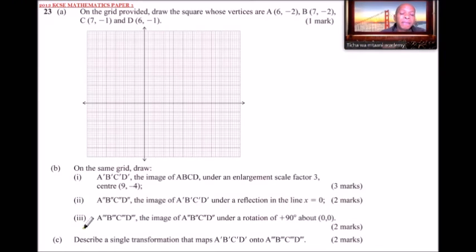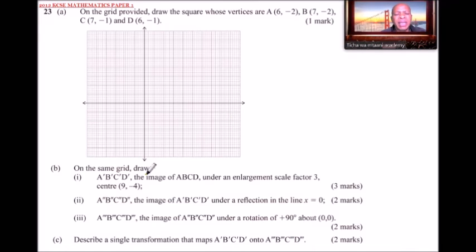Roman number 3, A'''B'''C'''D''', the image of A''B''C''D'' under a rotation of positive 90 degrees about (0, 0). And C, describe a single transformation that maps A'B'C'D' onto A'''B'''C'''D'''.